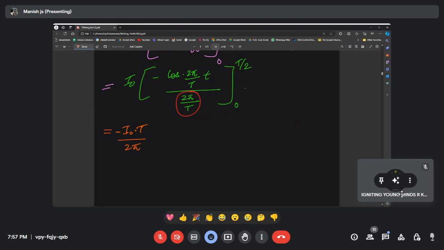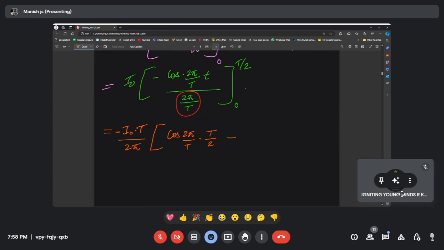Now the term inside that I'm left with is cos of 2 pi by T, as usual. Now I'm going to substitute my limits. First always the upper limit, then the lower limit: upper limit minus lower limit. The upper limit here is T by 2, so I substitute small t by T by 2.